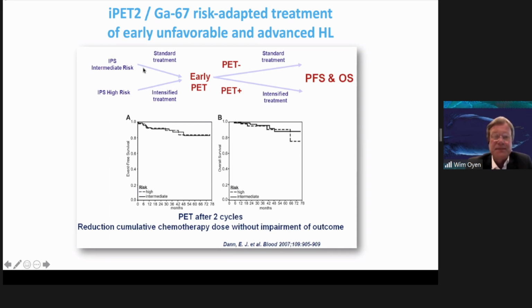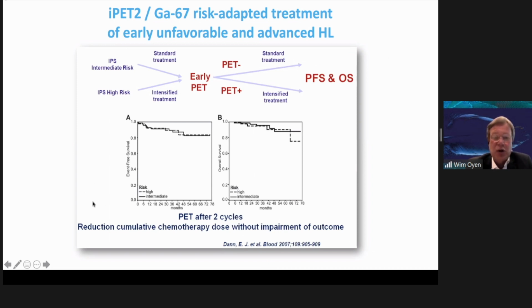If they had an intermediate risk international prognostic score, they got standard treatment. If they had a high risk, they got intensified treatment. They did an early PET and then switched on the basis of PET: if the PET was negative, independent of the baseline IPS score, to standard therapy. And if the PET was positive, the patients went on with intensified treatment.